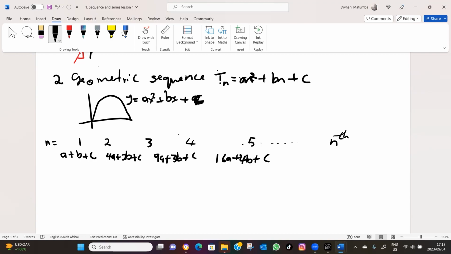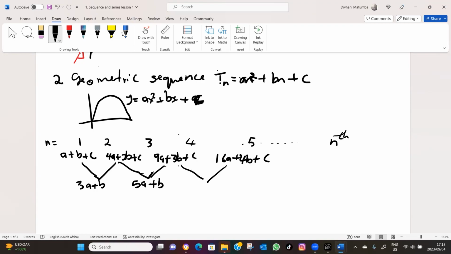So what happens if we try to find the difference between two terms? The difference between these two terms is 3a plus b. Difference between these two terms, 9 minus 4, 5a, 3b minus 2b plus b.